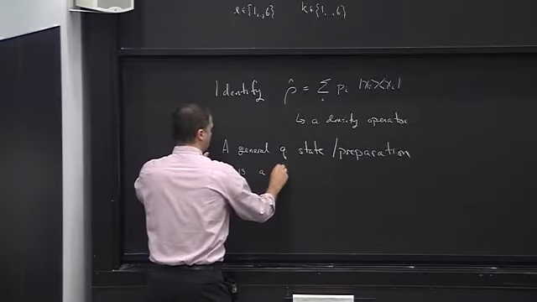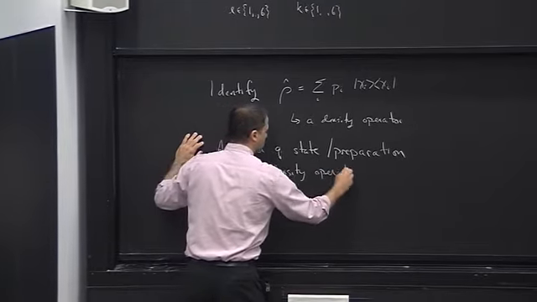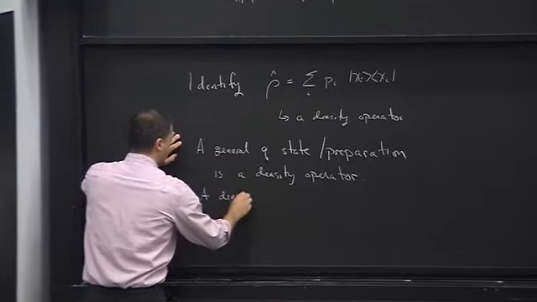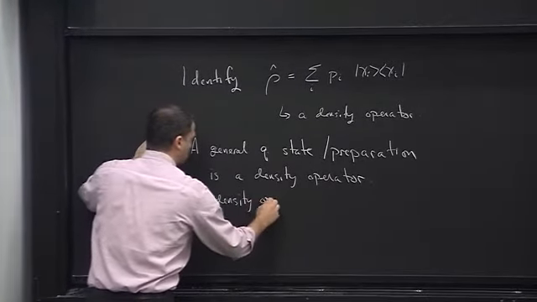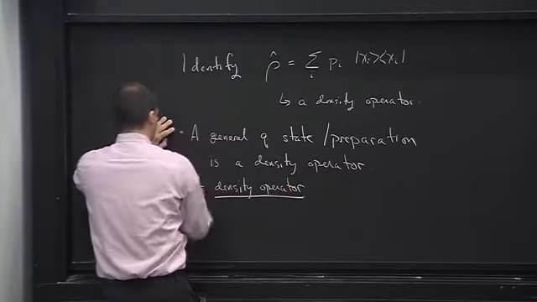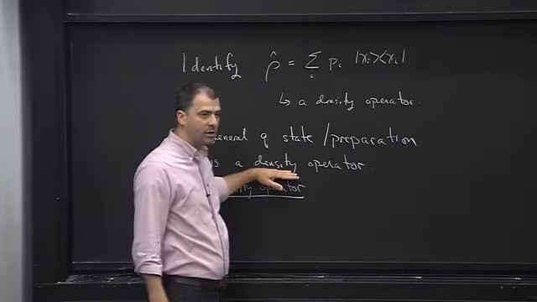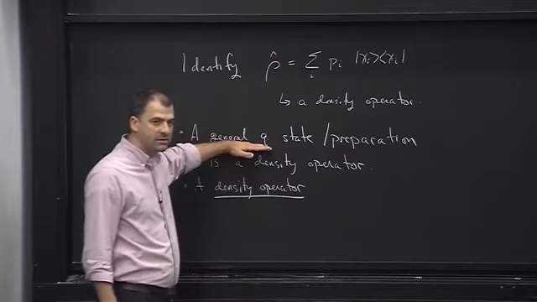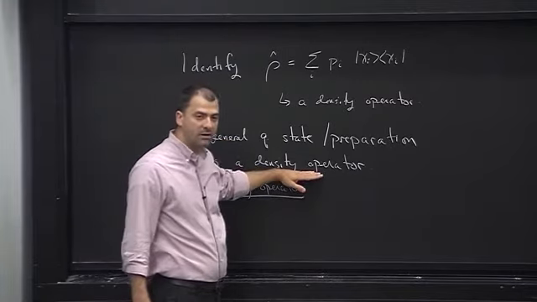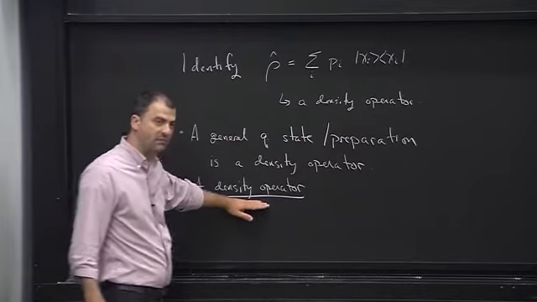A general quantum state or preparation is described by a density operator. So the physical thing, the experimental object, is associated with this mathematical object. What is that mathematical object? That mathematical object is defined as follows.